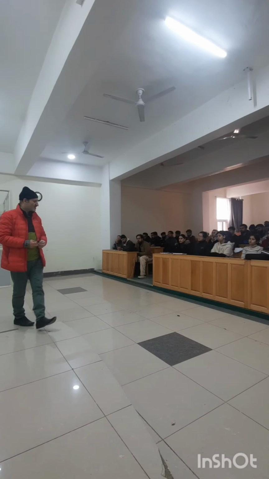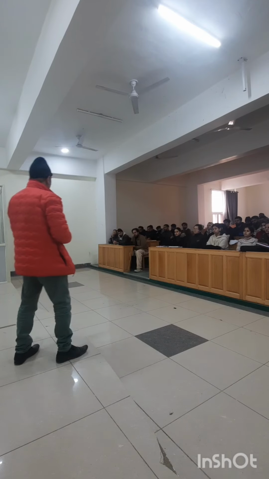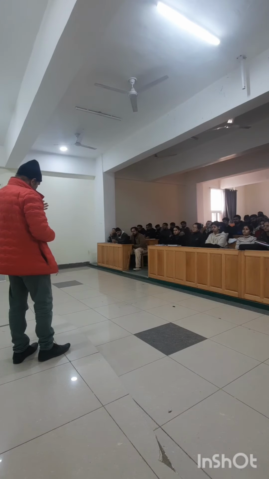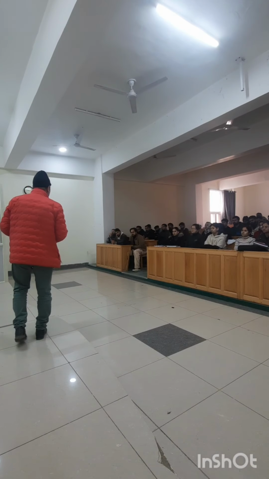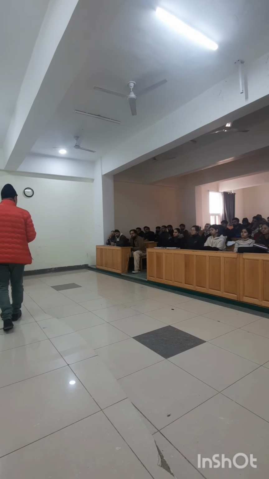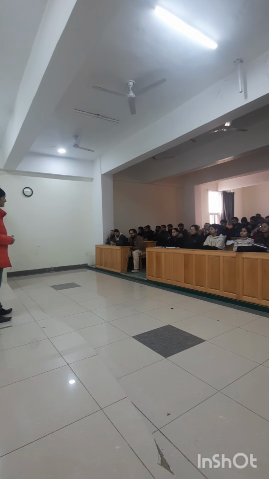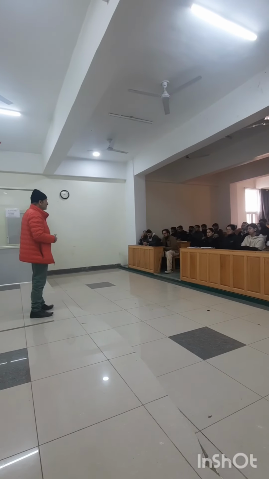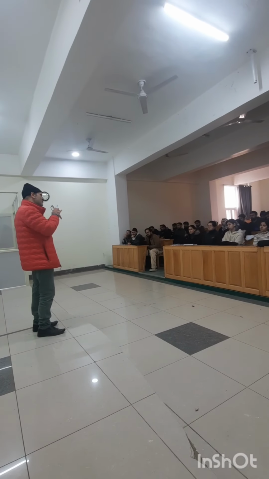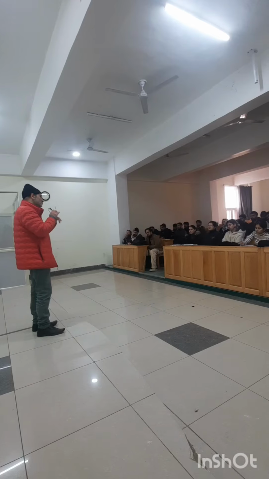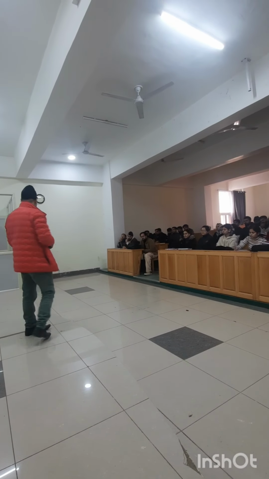Suppose the child is 2 years and the biometric calculation shows 30 diopters. I will deduct 20%, that is around 6 diopters. Instead of 30, I will put 24. So less than 1 year, 40%. Less than 2 years, 20%. And 2 to 8 years, 10%. Remember this.